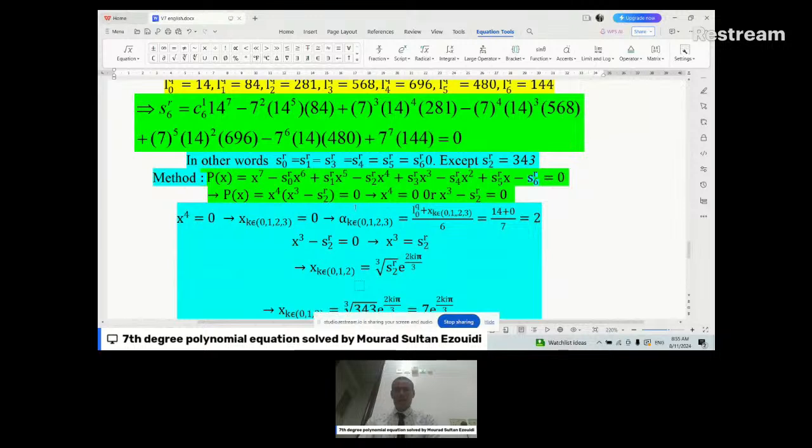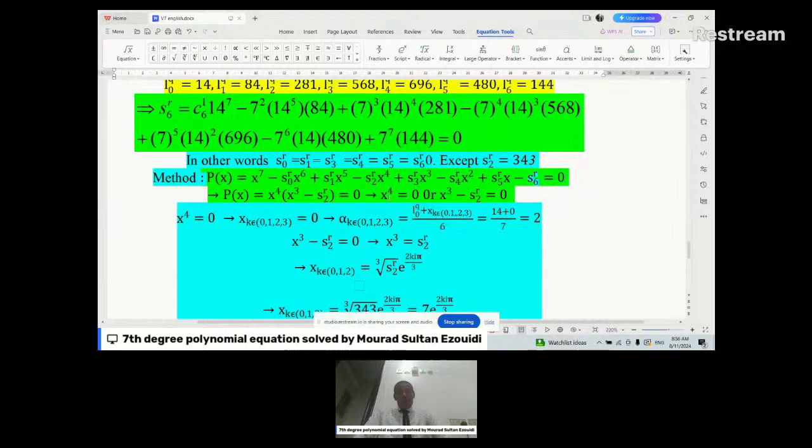I'm going to write this as P of x equals x to the power 4 times (x cubed minus S2 of order r) equals 0. It means x to the power 4 is 0, so I will get an x root that has 4 as its order of multiplicity.